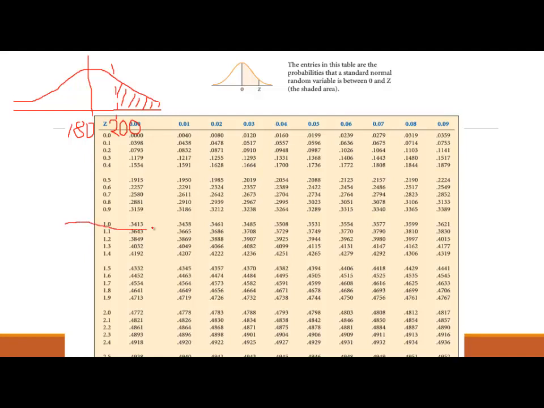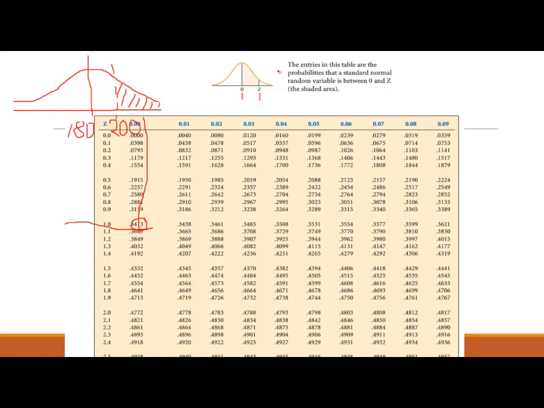So I come over here. All right, there. That is the number that I need, 34%. Now look over at the instructions. 34% is the area that is between the mean and what you're looking at.